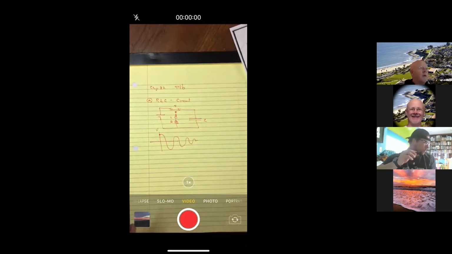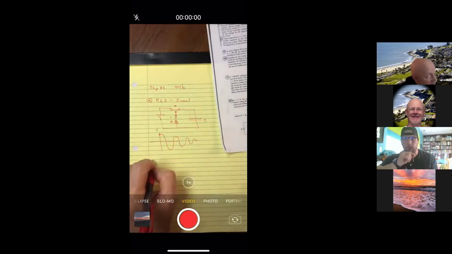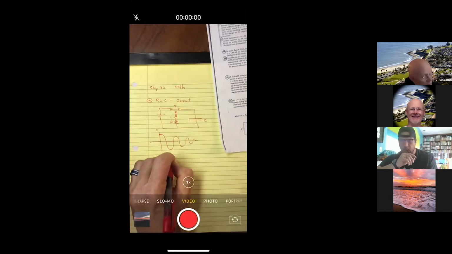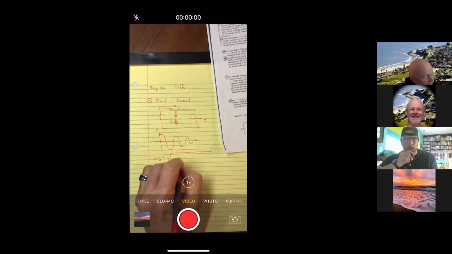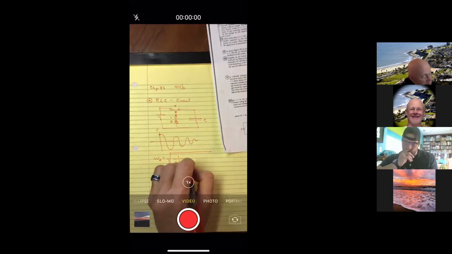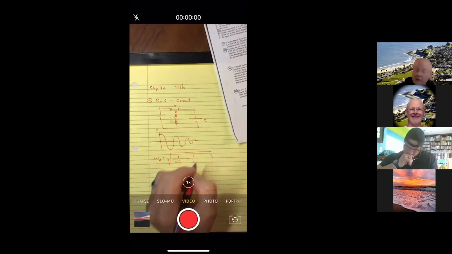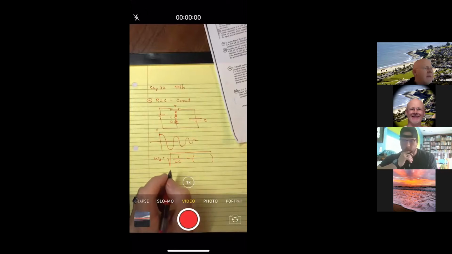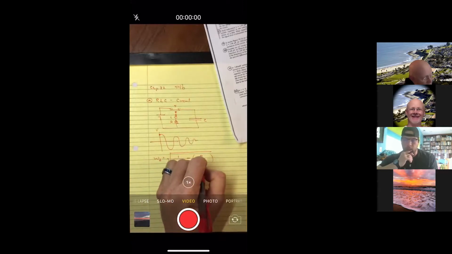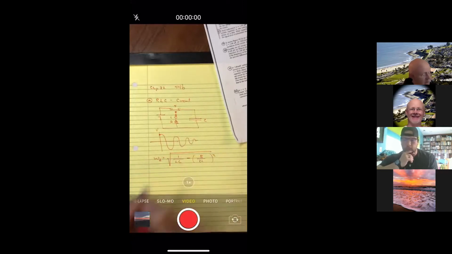And they went through the detailed math on this. They said that the damping frequency would be the square root of 1 over LC minus, and this I might need to scroll through the book, this has an R over 2L, I believe, and a square.